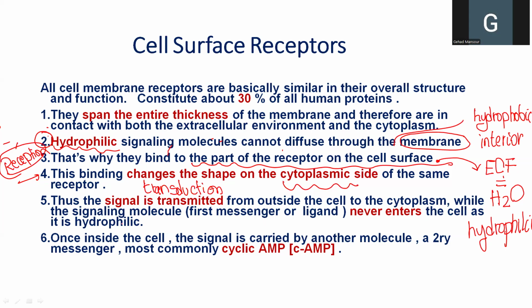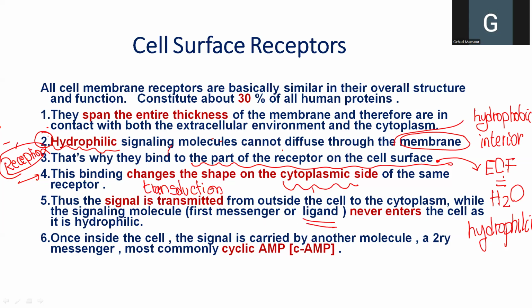To transduce means to change from a simple binding process to a cascade of chemical reactions. So the signal is transmitted from the outside of the cell to the cytosol, where the signaling molecule is considered the ligand, as we said before.